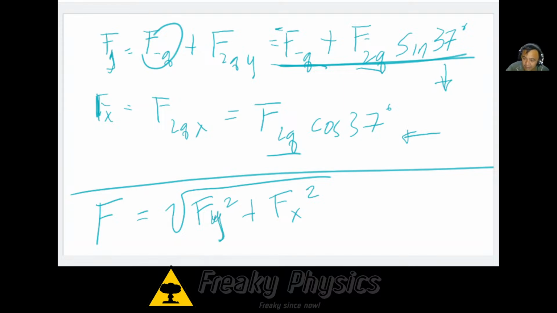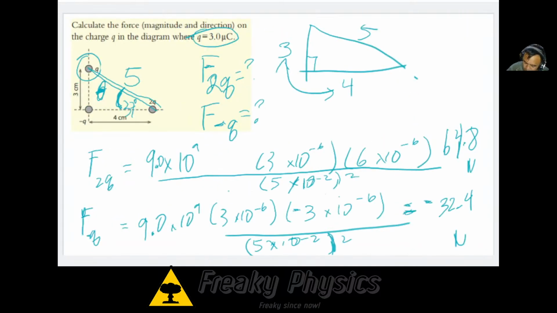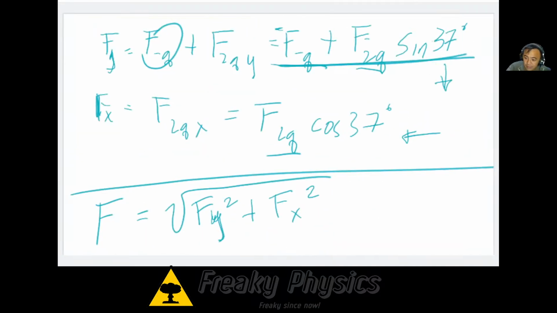Okay. That's repulsion, so that's gonna go up. Then we subtract the other one, how much is that again? 32.4.